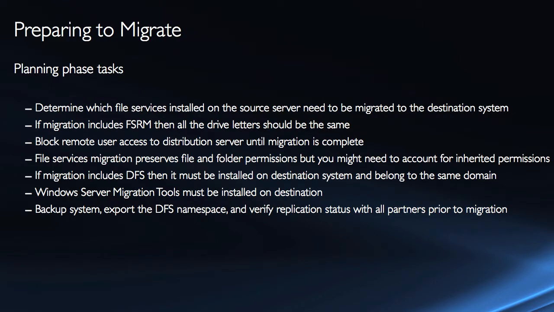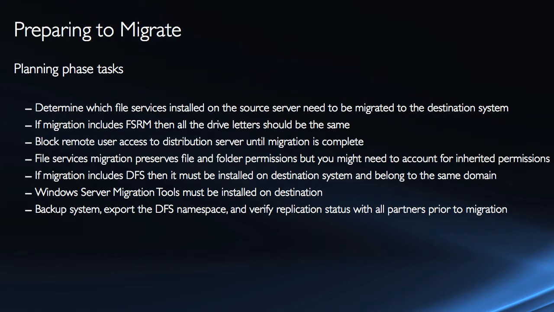There are a variety of tasks that we will need to understand when it comes to the planning phases. First of all, determining which file services to install on the source server or on the destination server, and that's going to be in relation to which ones are installed on the source server that actually need to be migrated. It's possible that you're not migrating everything. We could be doing a partial migration instead of a complete migration.